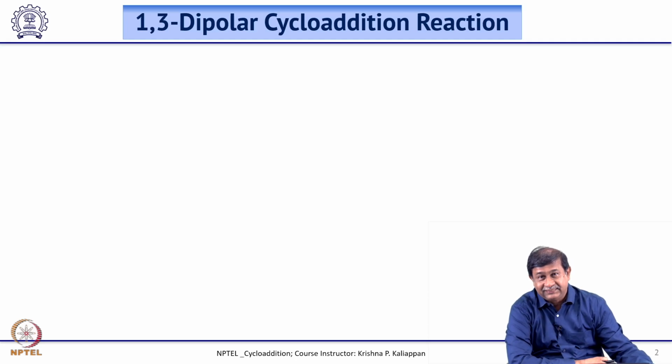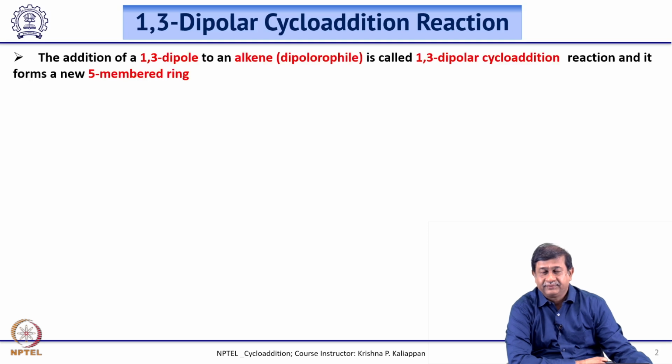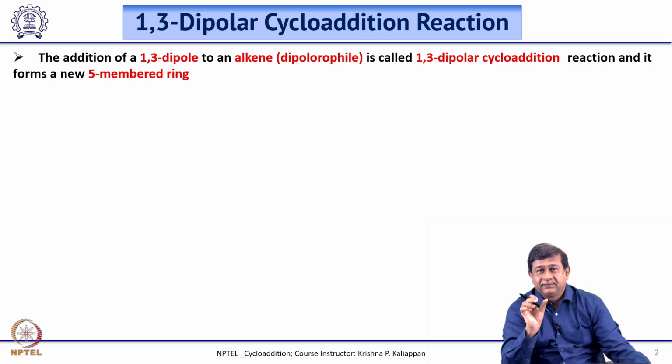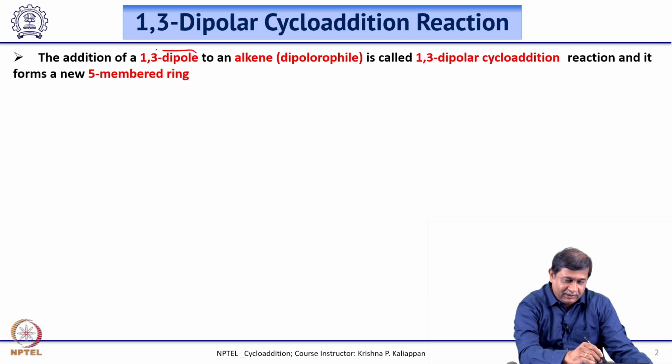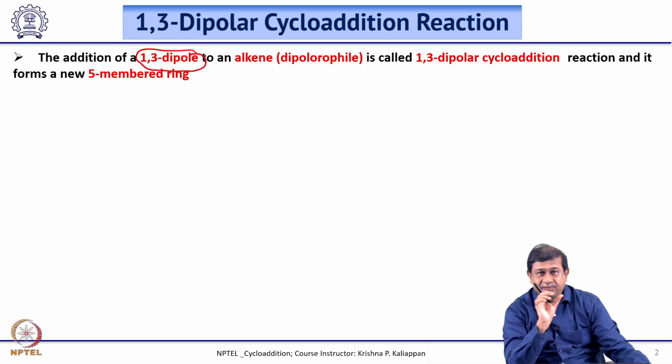1,3-dipolar cycloaddition reaction or 3+2 cycloaddition reaction. In the case of 4+2 cycloaddition reaction or Diels-Alder reaction, the reaction is between a diene and dienophile. Whereas in this case we use a 1,3-dipole, where you have 4 pi electrons across 3 atoms.